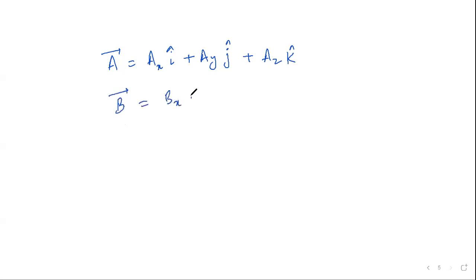Now if I am given two vectors in unit vector notation as ax i cap plus ay j cap plus az k cap, and another vector bx i cap plus by j cap plus bz k cap.